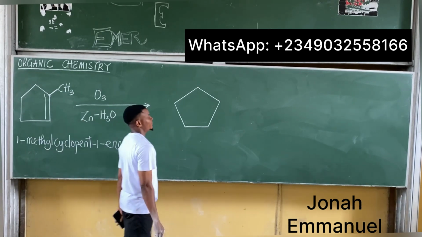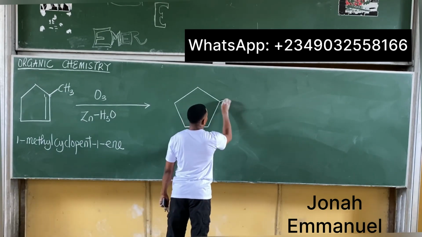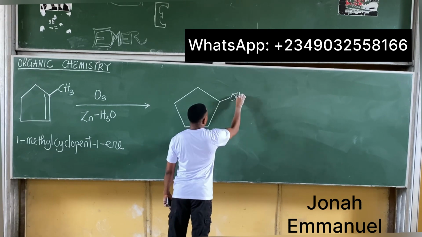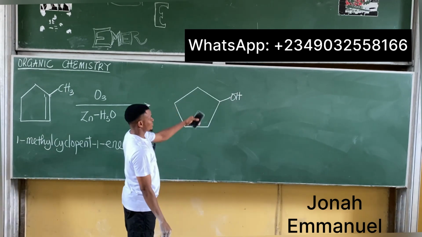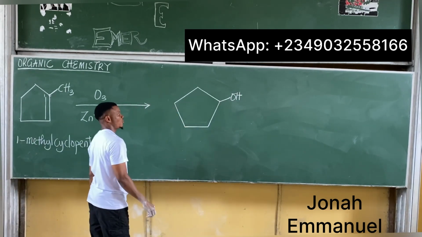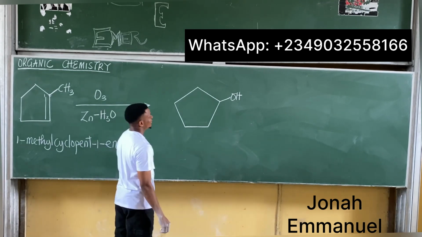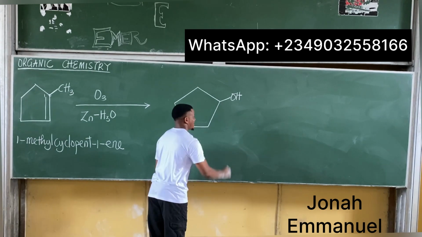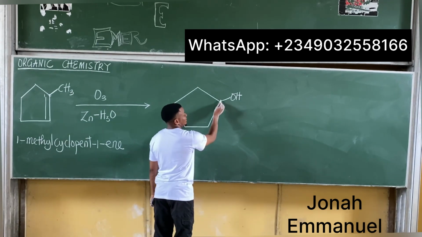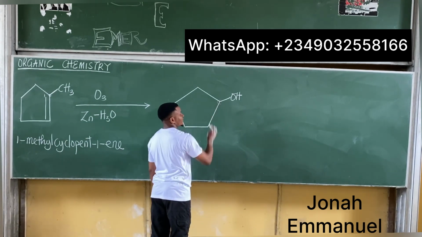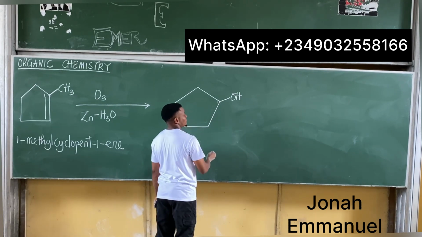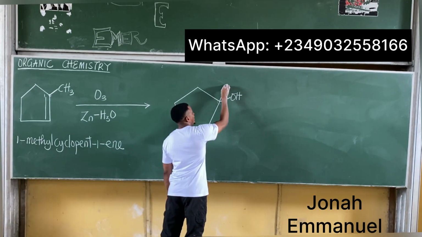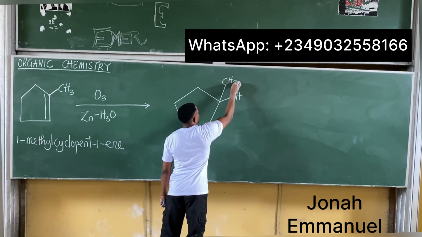To make it a cyclopentanol, put OH there. So this now becomes cyclopentanol. Since they say 1-methyl, the methyl should be attached to that same point. This carbon here has one, two, three bonds, so there's still space for one, and we can put CH3 here.